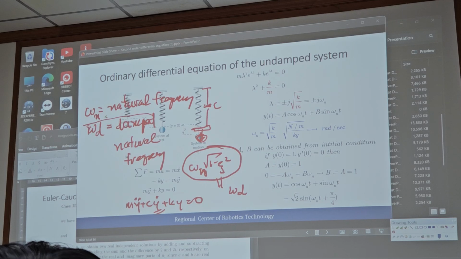If we don't have c here, this term will be 0, so omega n and omega d will be equal.